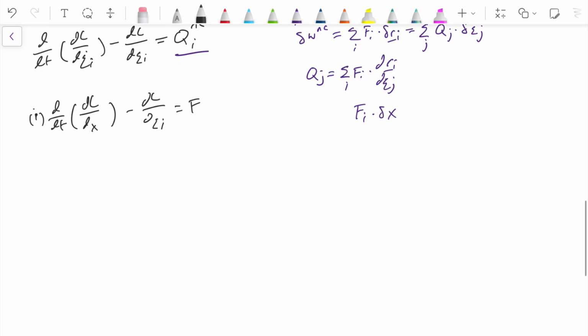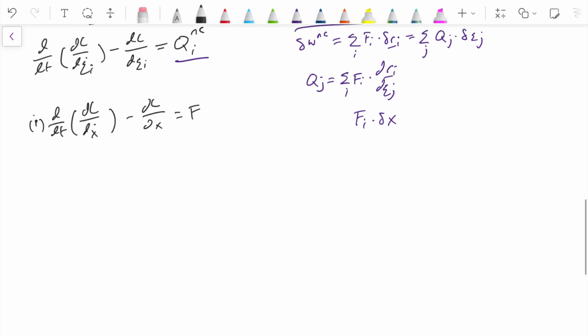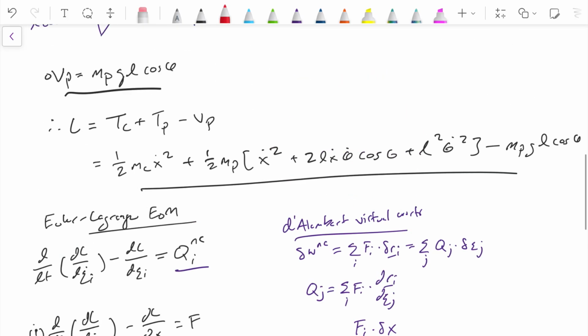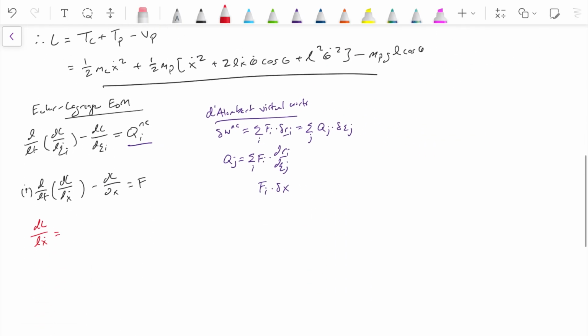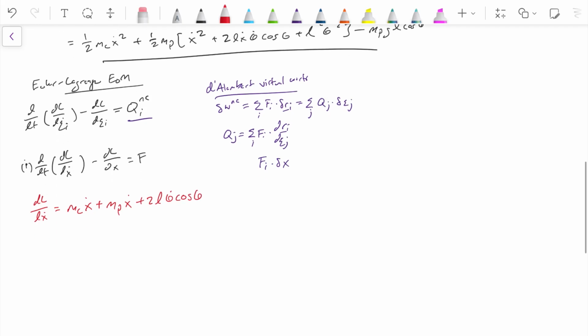All right. So now let's break this down. So the first guy here, I'll just use a different pen. So partial L partial x dot. That's going to be, we have m_C x dot, we have m_P x dot, and then we have 2L theta dot cosine theta.